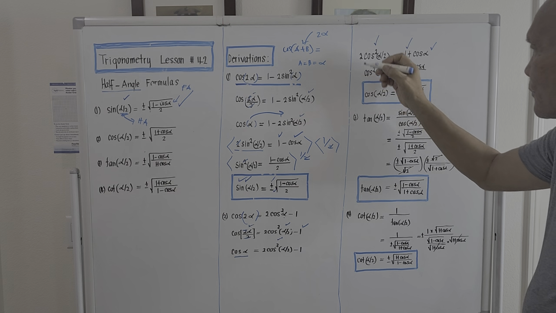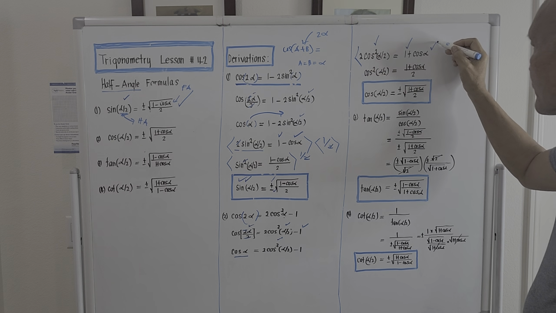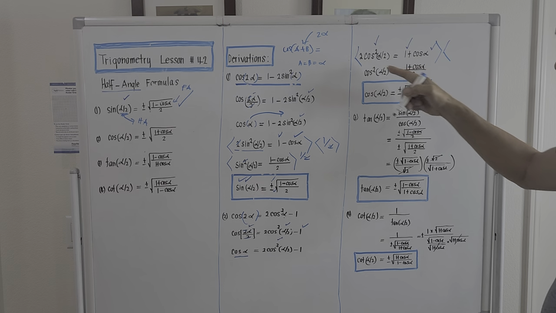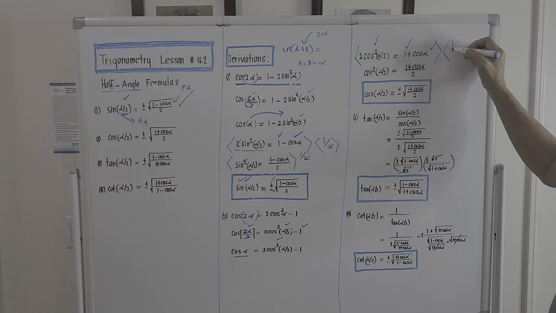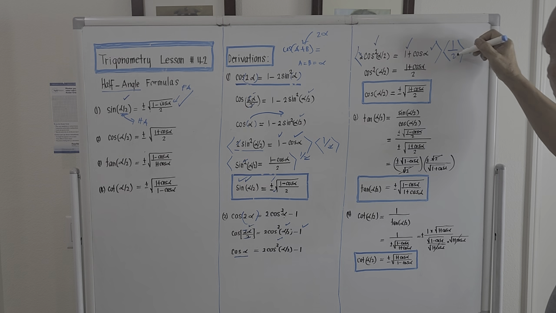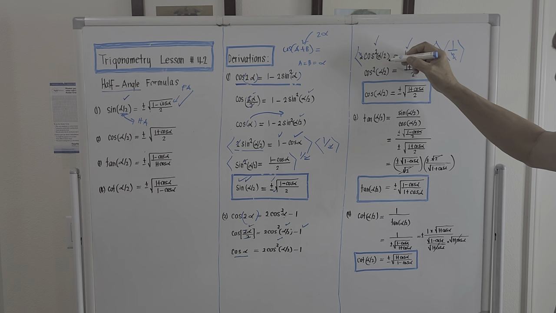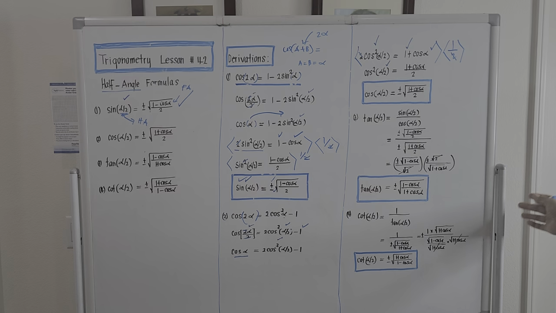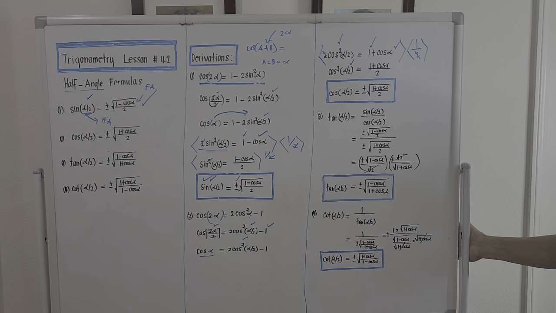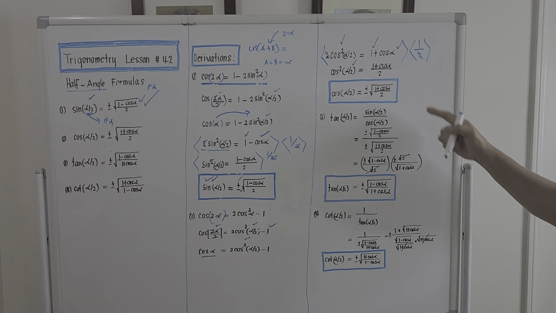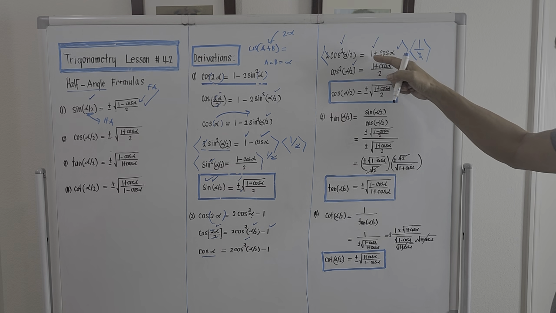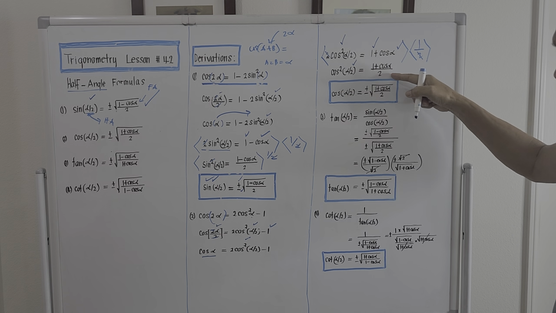And again, to solve for cosine square of alpha over 2, we will multiply all terms by the reciprocal of 2, which is 1/2. So these two here cancel with this. Left hand side, it will now just be simply cosine square of alpha over 2, equal to, for the right hand side, the sum of 1 plus cosine of alpha all over 2.